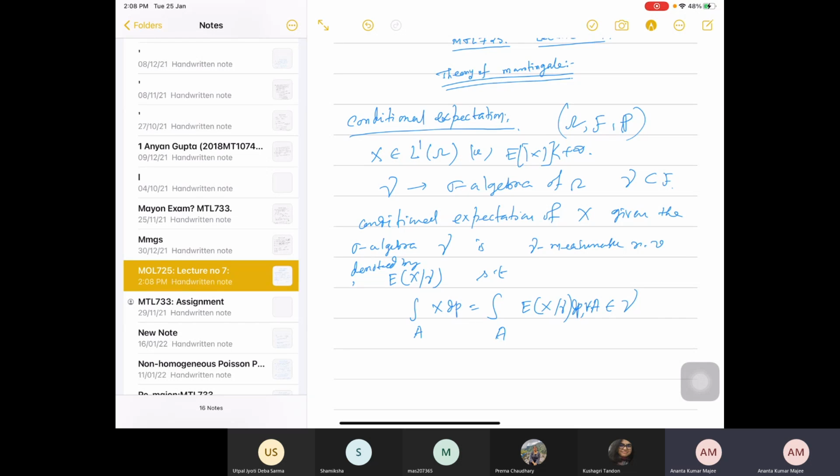This holds for all A in nu. Then this random variable E[X | nu] is the conditional expectation of X given the information nu.